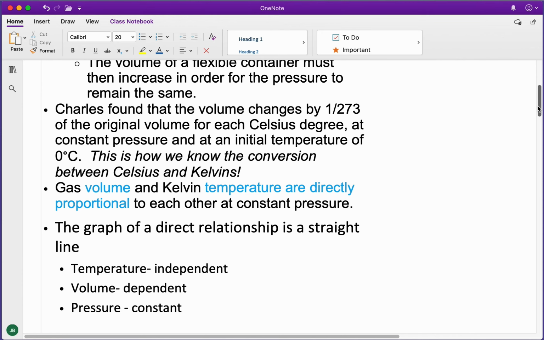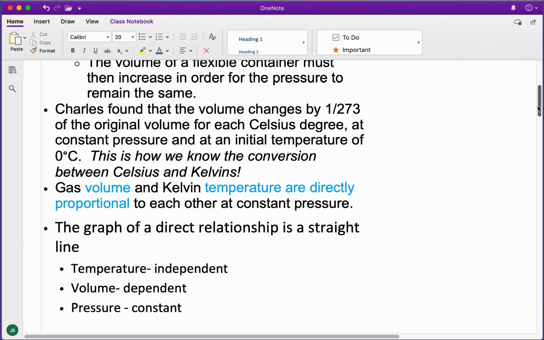So this is how Charles discovered the conversion between degrees Celsius and kelvins. That's why we add 273. Nowadays we know it's a little bit more precise than that. Nowadays we know that 273.15 is the conversion factor between Celsius and kelvins.